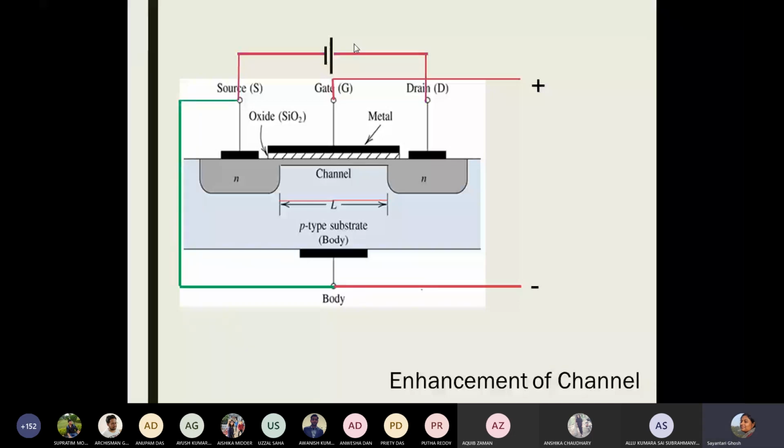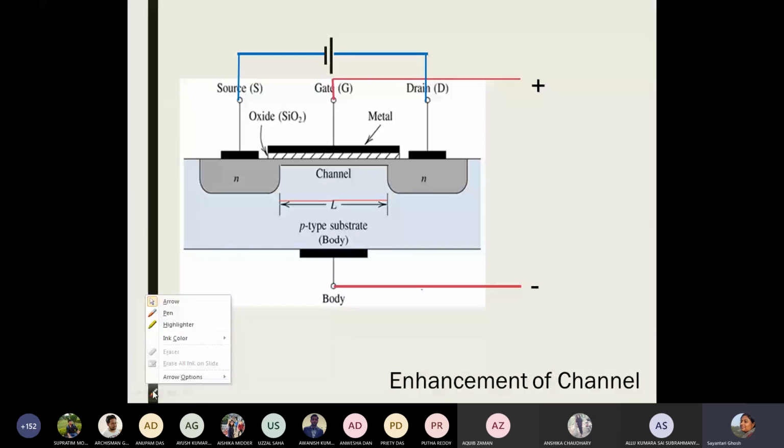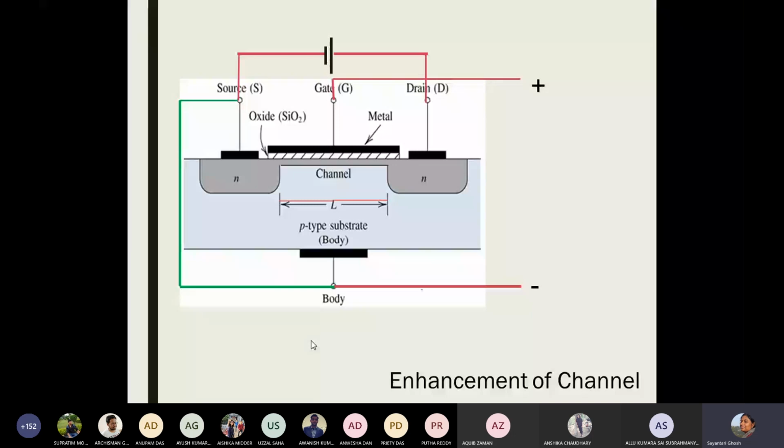One more thing we do here is that the body terminal is attached to the negative side of the battery, so this could be considered the ground. And the source terminal is connected to the battery. Now, if I apply another voltage between source and body, that is useless, because the biasing that I need is already done. So to avoid any further biasing voltages, we short circuit the source and the body.